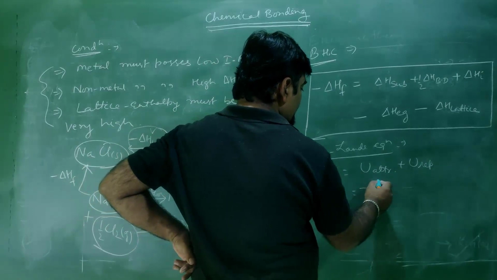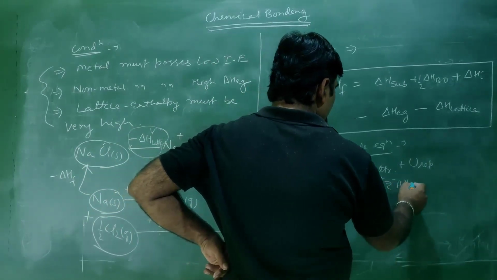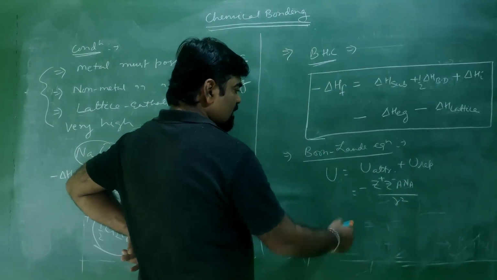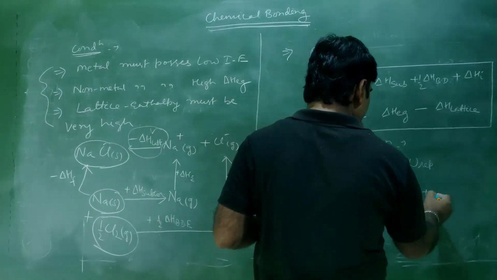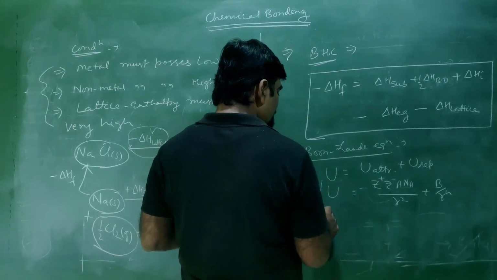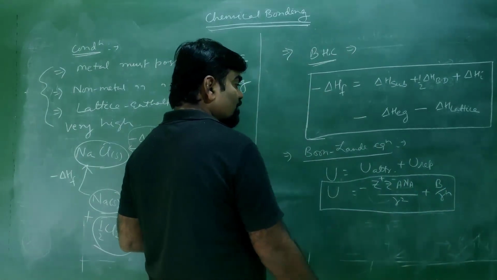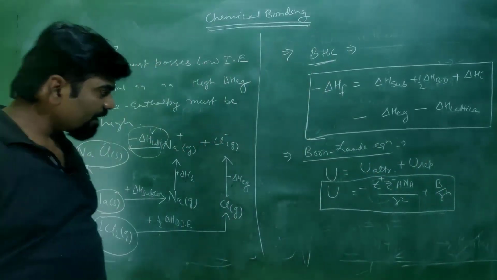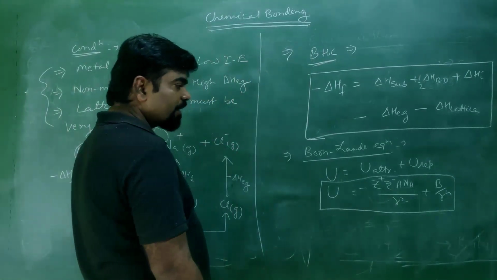Attraction energy is written as negative: minus Z plus Z minus A N0 by R square, plus B upon R to the power N. This is the value of their lattice enthalpy. Even though there is attraction as well as repulsion, the net is attraction. Therefore, the net energy value must be negative.